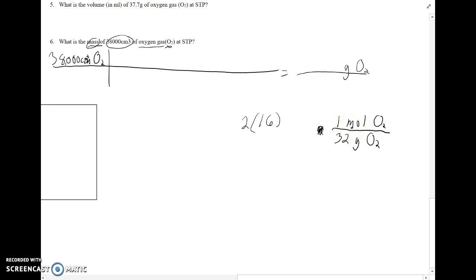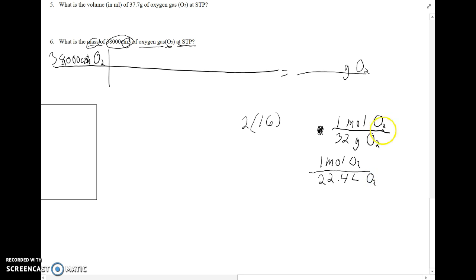I'm going to look for some other keywords here, and I see centimeters cubed. Centimeters cubed is a unit of volume, so I need the third conversion factor: 1 mole of a gas, in this case oxygen gas, as long as it is at standard temperature and pressure, which we see here in our problem, is equal to 22.4 liters of oxygen gas.